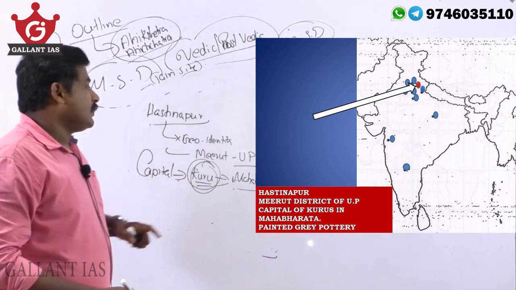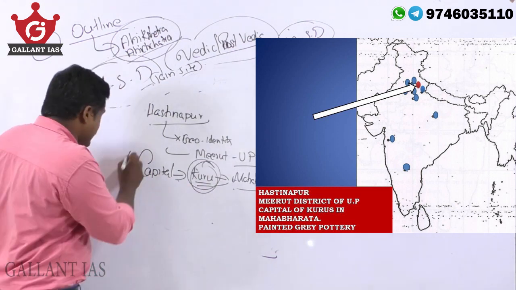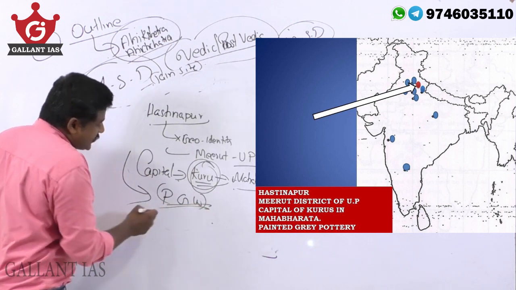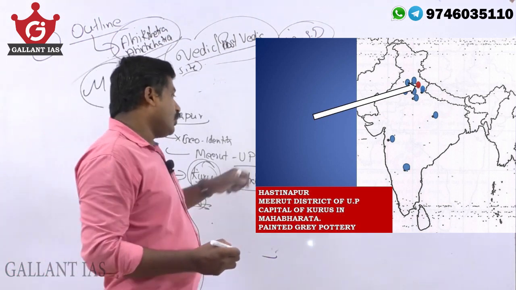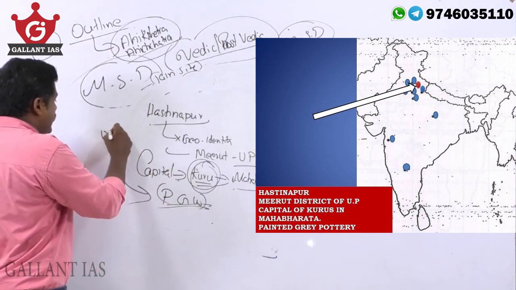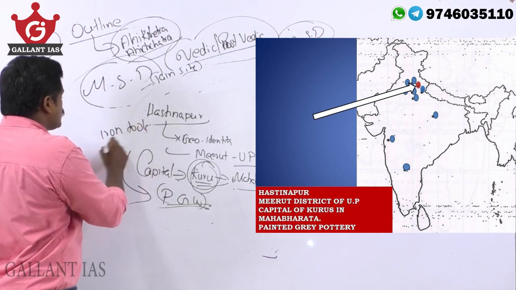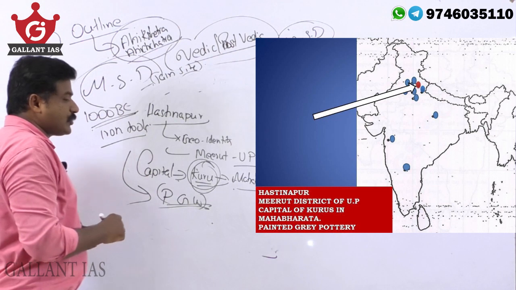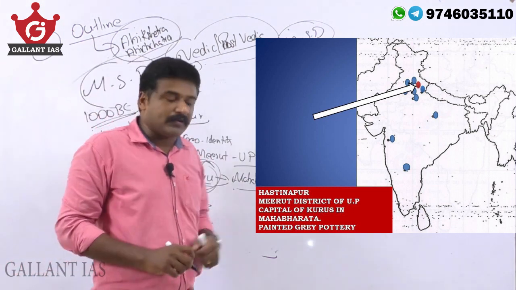Again, this is a site from which painted grey ware pottery has been identified. Also, iron tools were found here, belonging to 1000 BC. Iron discovery in the Gangetic basin is from 1000 BC onwards.